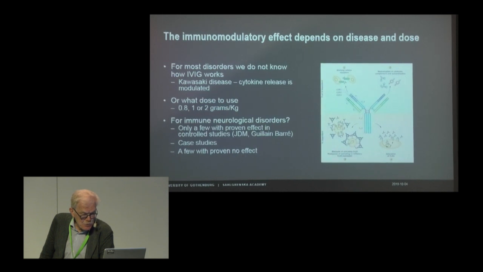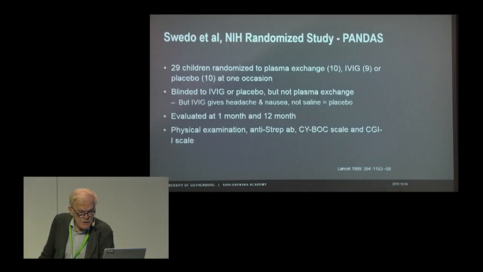And for immunological disorders, it's only a few where we have the proven effect in randomized controlled studies, like juvenile dermatomyositis, Guillain-Barré, and its chronic correspondence. The rest is mainly case studies, and for a few we also have a proven lack of effect, like Alzheimer's disease, where it has been tried.